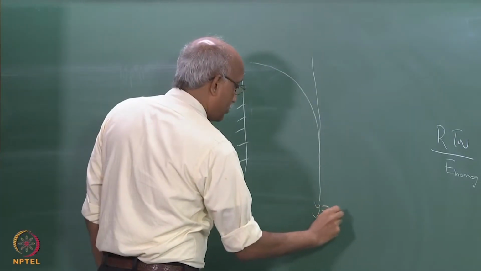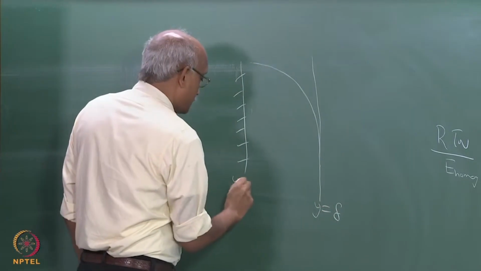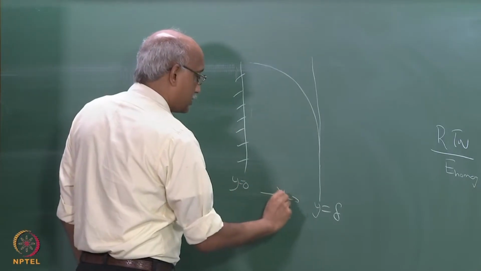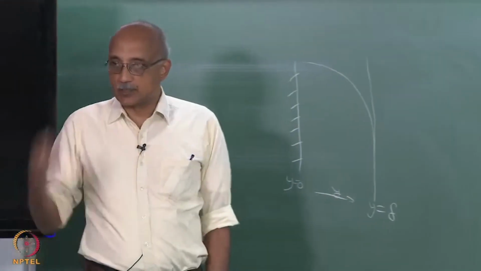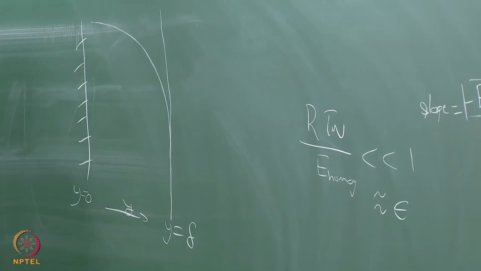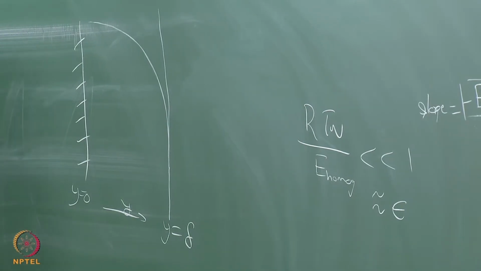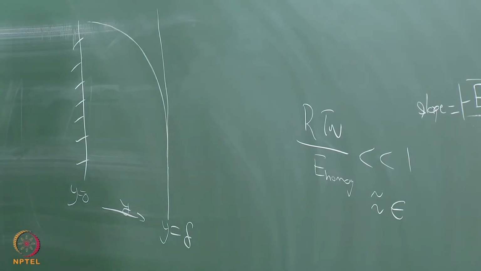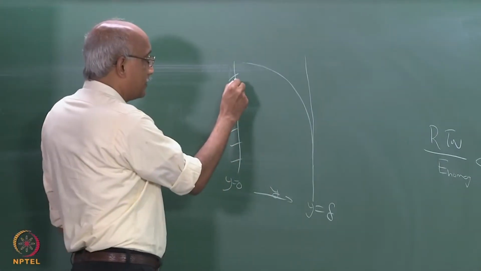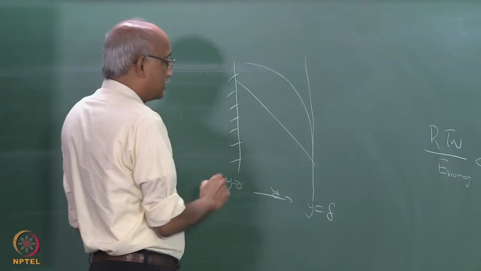So, this is y equals delta and this is y equal to 0, where this is the y plane. The substrate itself is at y equal to 0, the boundary layer edge is at some y equals delta value. And if you look at the temperature profile, for example, it will be fairly linear.